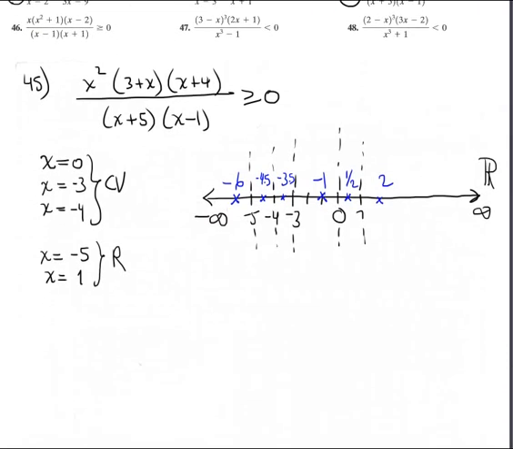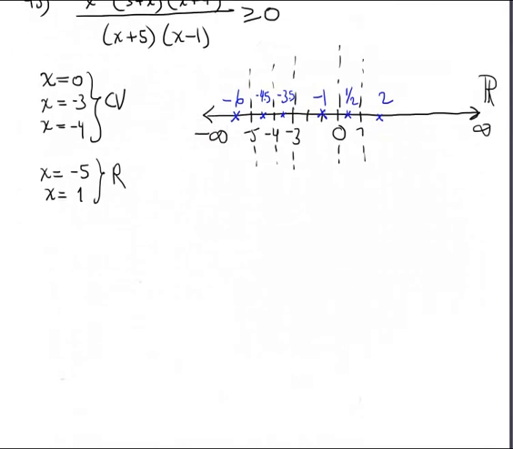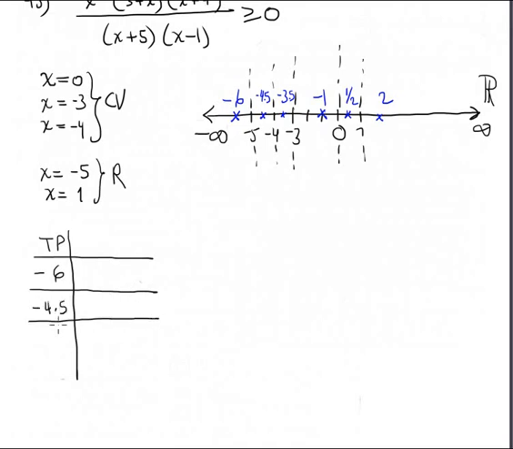Then let's do this chart. The chart is long. The different testing points we have are -6, -4.5, -3.5, -1, 1/2 or 0.5, and 2.